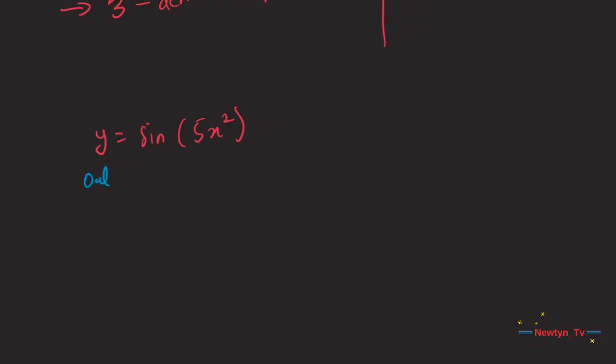Our outer function will be sine, and its derivative will be cosine. If you understand it very clear here.